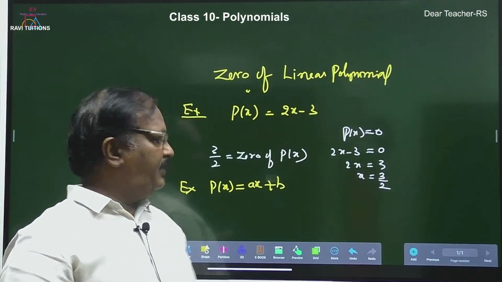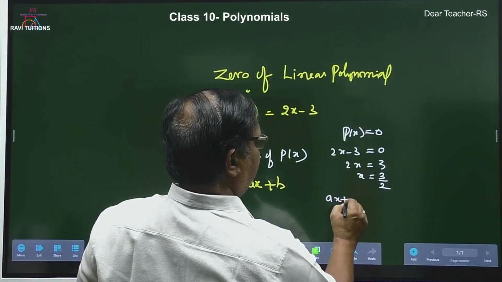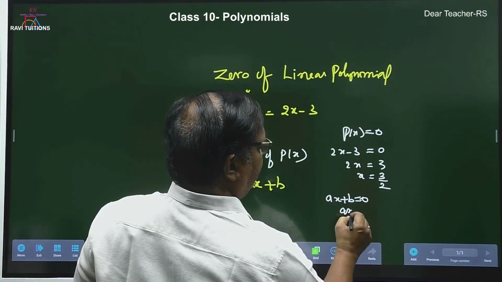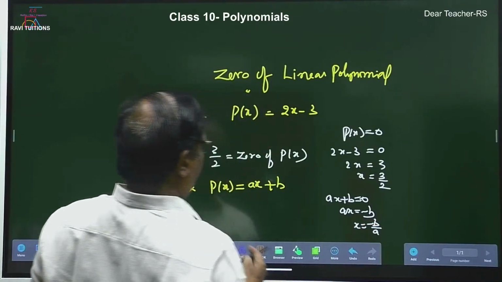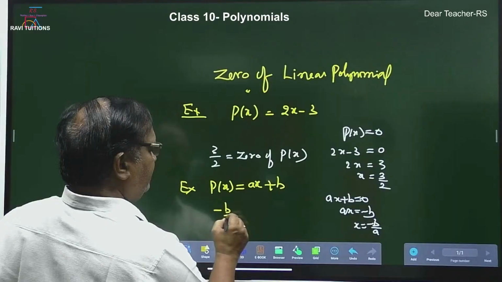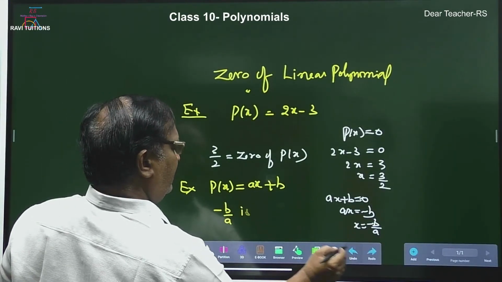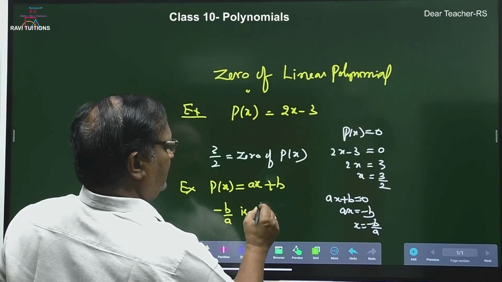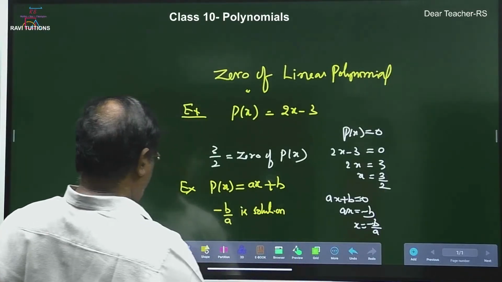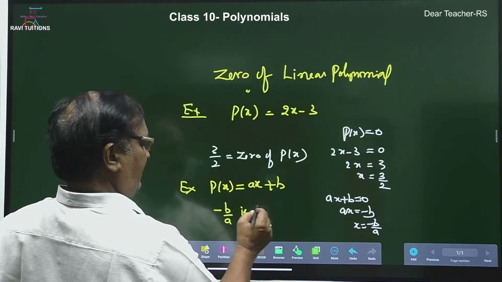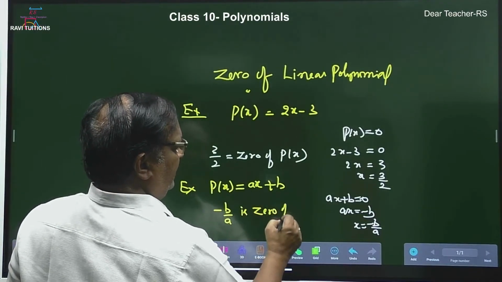Ax plus b is equal to 0, ax is equal to minus b, and x is equal to minus b by a. Therefore, minus b by a is the zero of p(x).